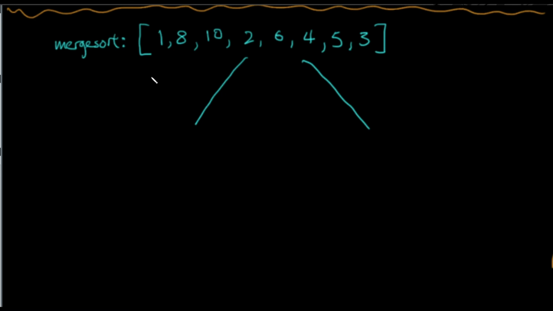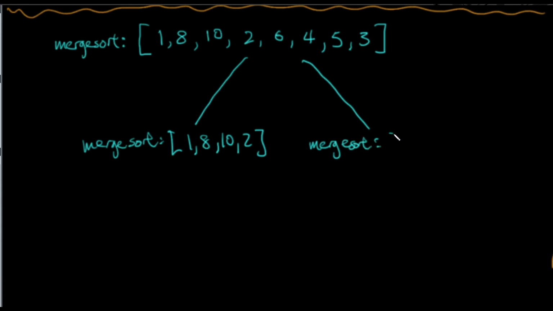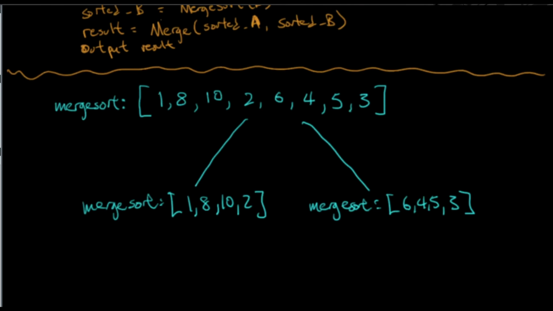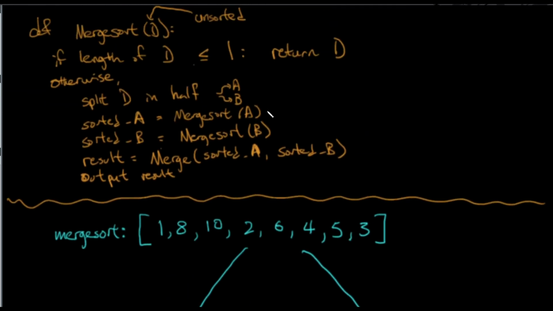But I said if you split it in half and you could somehow sort these two smaller decks, then all I had to do was just merge them together, right? And so we've made these two calls in this tree that we're trying to build right here correspond with these two steps.